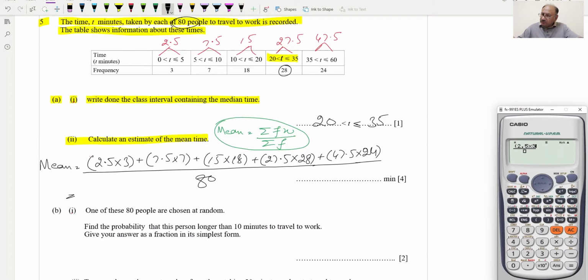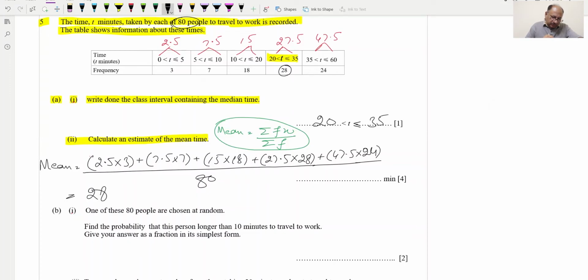2.5 multiplied by 3, close bracket, plus next bracket 7.5 multiplied by 7, bracket close, plus 15 multiplied by 18, bracket close, plus 27.5 multiplied by 28, and next is 47.5 multiplied by 24, bracket close, and divided by 80, and this is giving us 28.